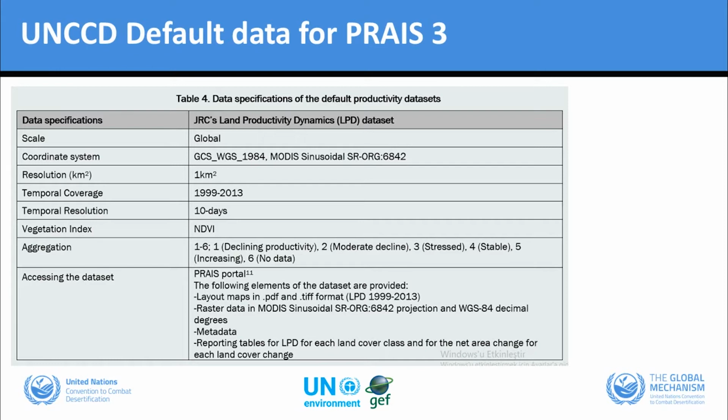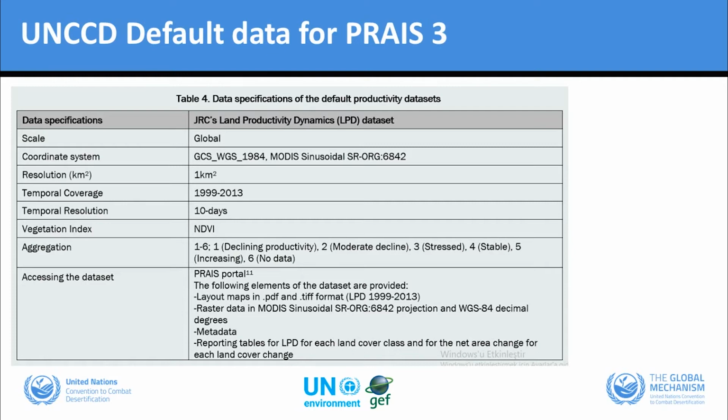While accessing the dataset in the PRAIS portal, in the country zip file, the following elements of the datasets are provided to the country parties. One is layout maps in PDF and TIFF formats.